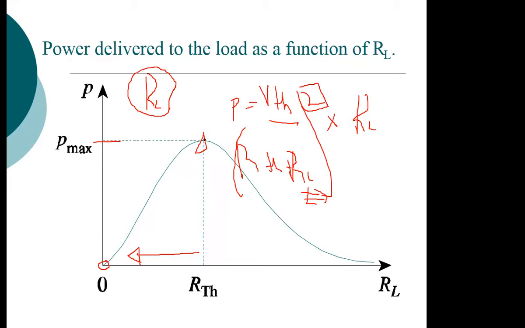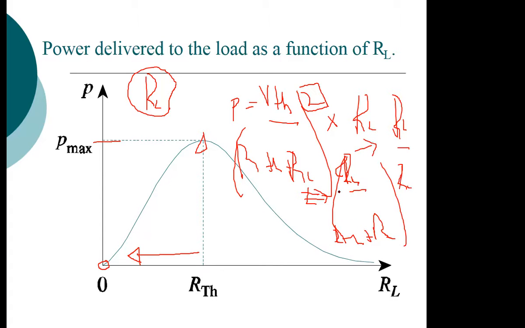But then, when the value of RL continues to increase, now the ratio of RL over R Thevenin plus RL, as RL increases, there comes a time when this value starts to decrease, because it will start approaching RL over RL, which is 1.